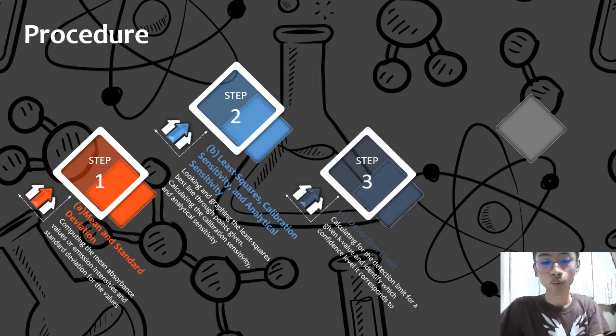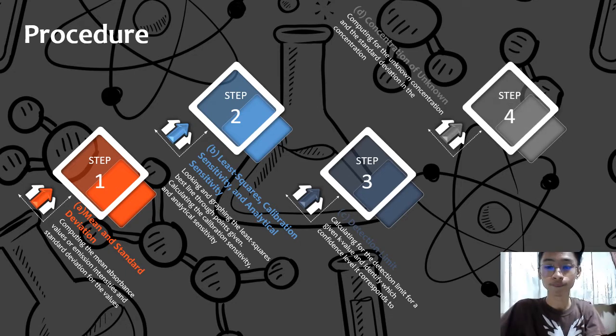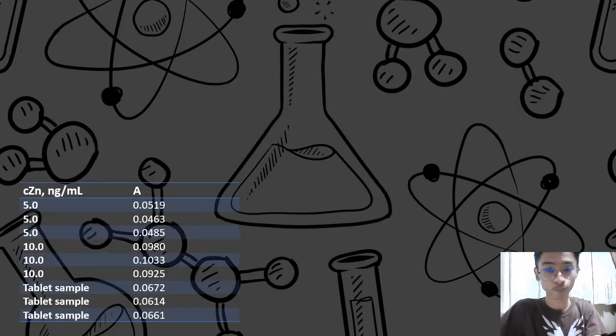Next, we will be calculating the detection limit for a given K value and identifying which confidence level it corresponds to. Lastly, we will be finding the concentration of the unknown, computing the unknown concentration and the standard deviation in the concentration. Now we will be going to our first problem.